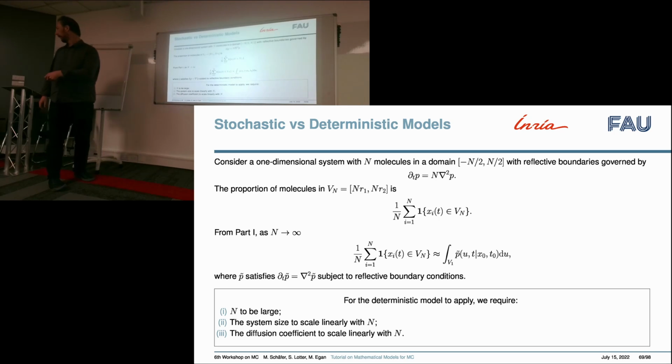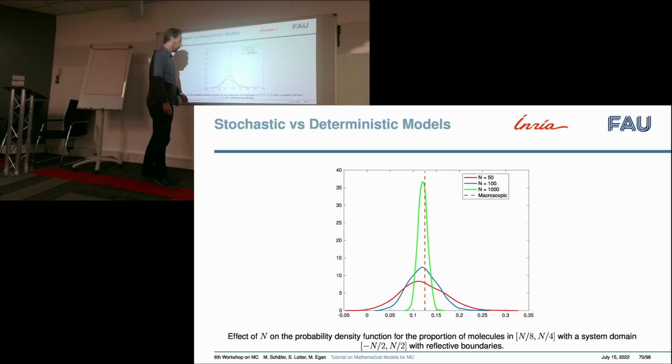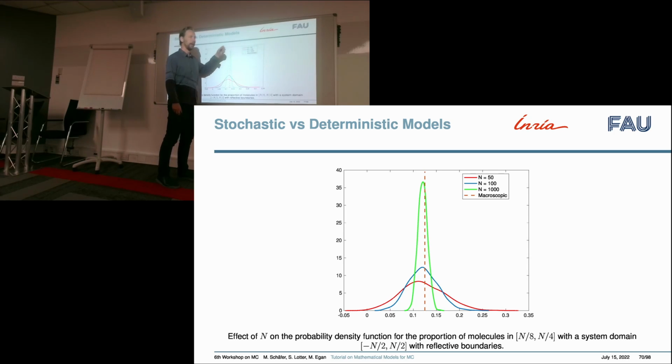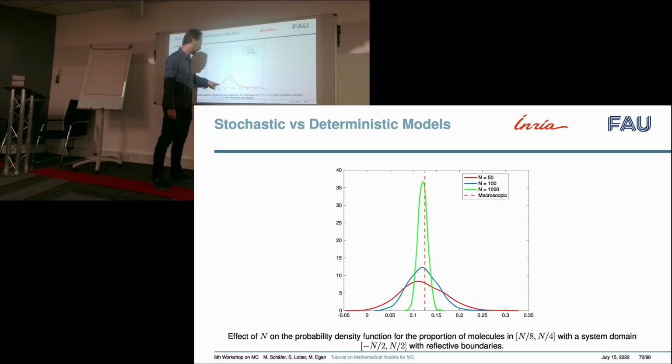So we can illustrate this a little bit in this figure here. What these curves correspond to are different n. This n corresponds to the number of molecules, but at the same time the size of the system and also the diffusion coefficient. So what we see is that when n is small, we have this red curve.